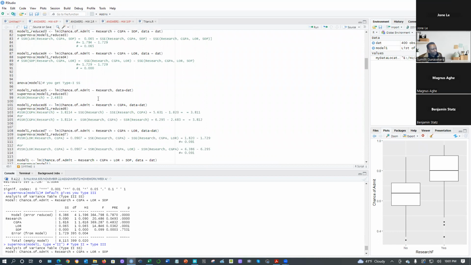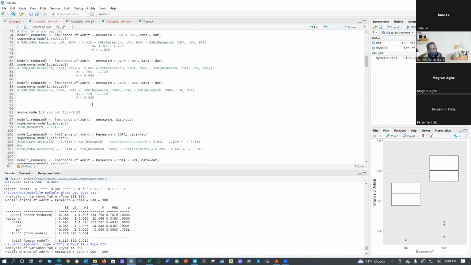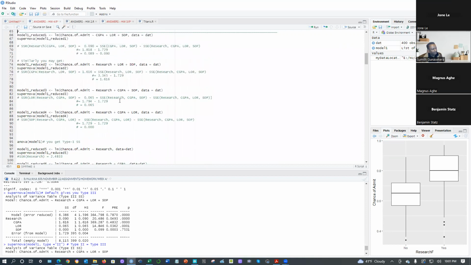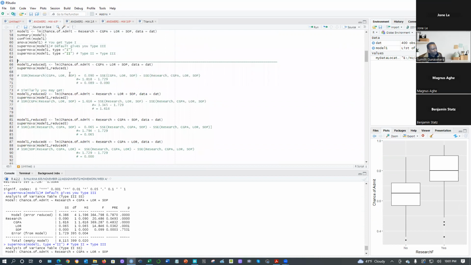I ran one at a time. Look at what I did. The chance of admit for this one is lower. These are the same as the sum squared error. I did the error for the three of them minus all of them.